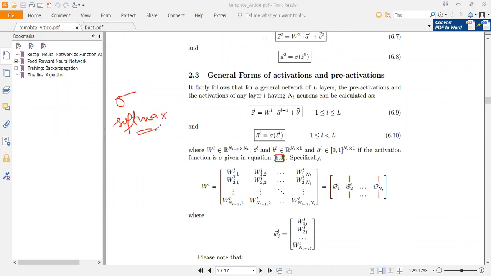As we did in the softmax regression, if this is the last layer, the number of neurons will be equal to the number of classes K. All of them will receive inputs from the previous layer. These are vectors here, AL minus 1, AL minus 1, AL minus 1.